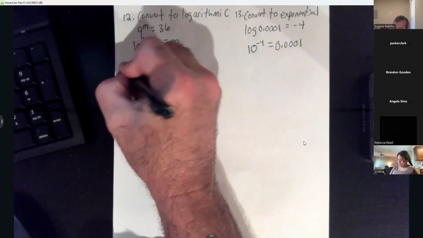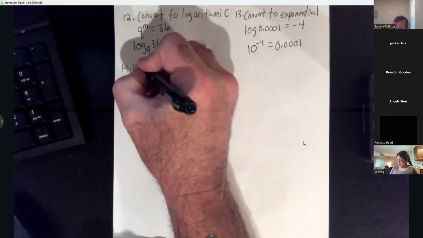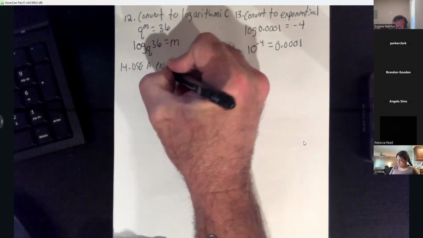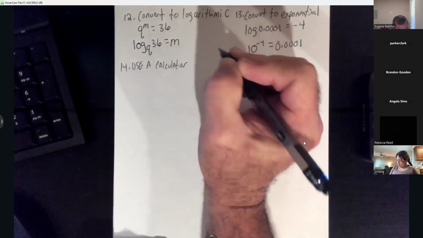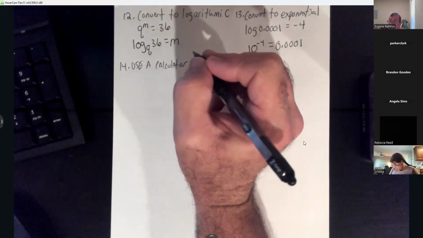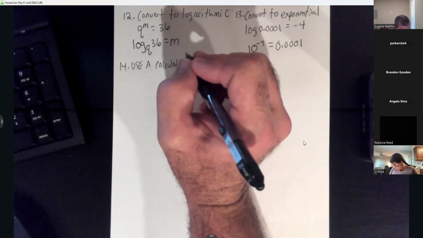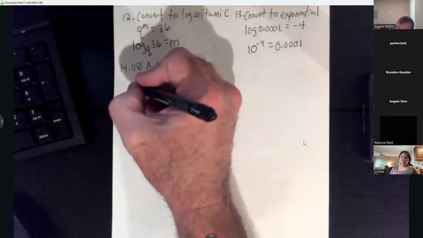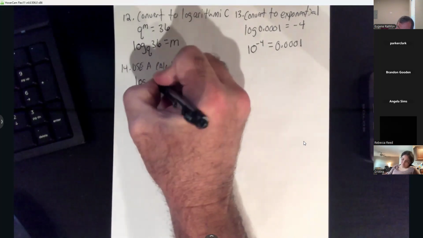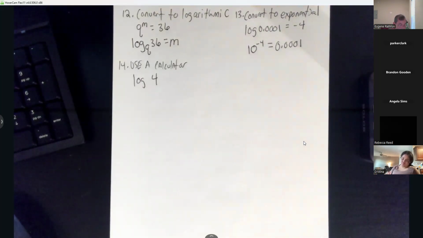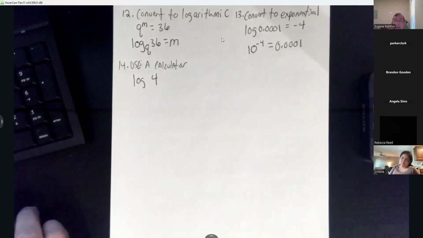All right, y'all, then we got to 14. It says use a calculator, and you're going to estimate this to 4 decimal places. And y'all, they're giving me a log of 4. So you can push that right on the front of your calculator. So let's go do that. Let me clear everything.